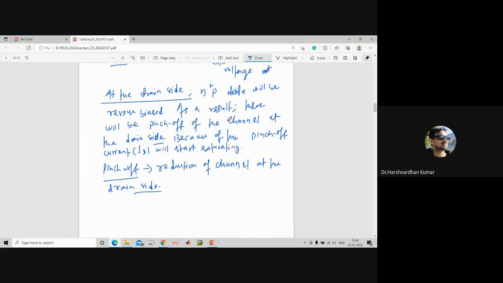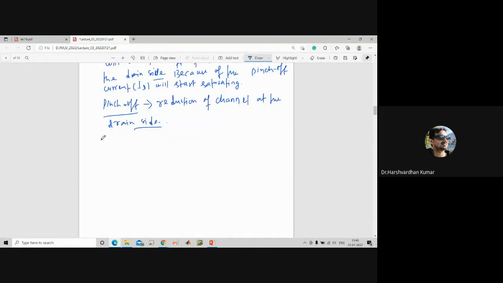So what do you mean by saturation? Saturation means constant current, right?